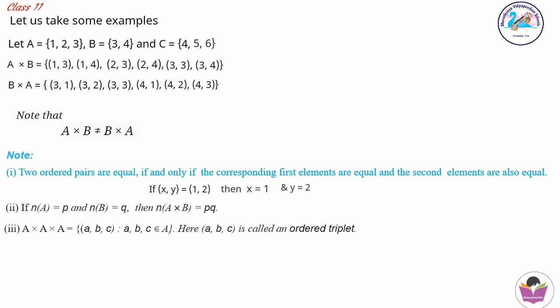Previously we called it an ordered pair because it has only 2 elements. Here it has 3 elements, and this type of arrangement is called an ordered triplet. The word ordered is there, so we cannot change the order: a first, b second, c third.